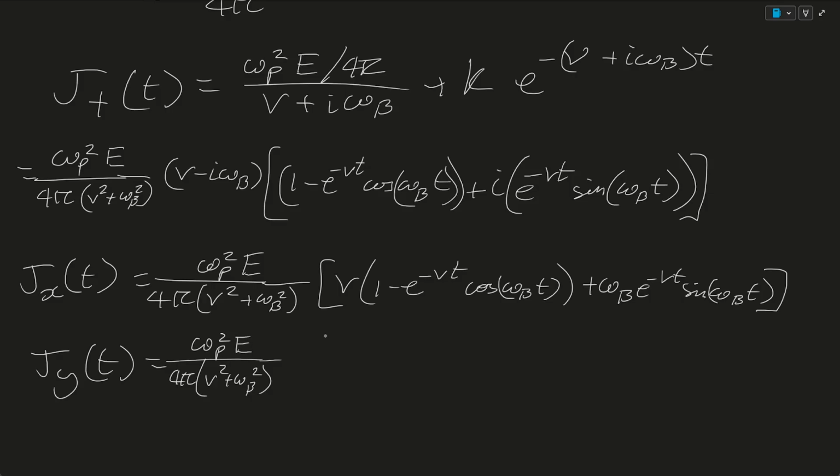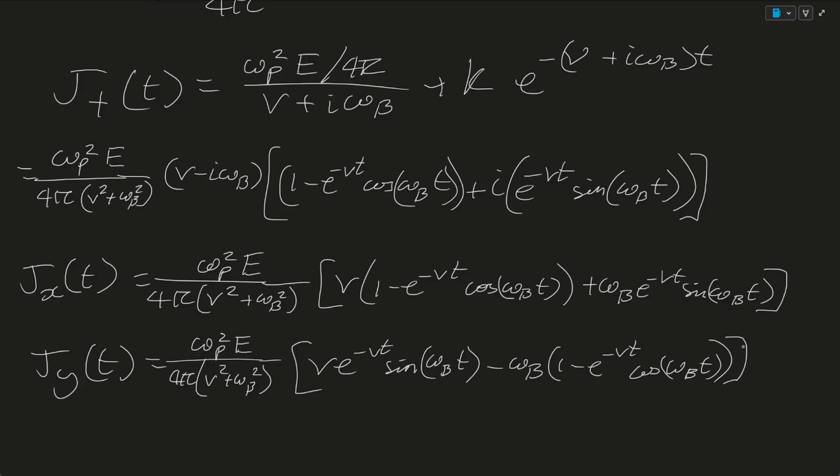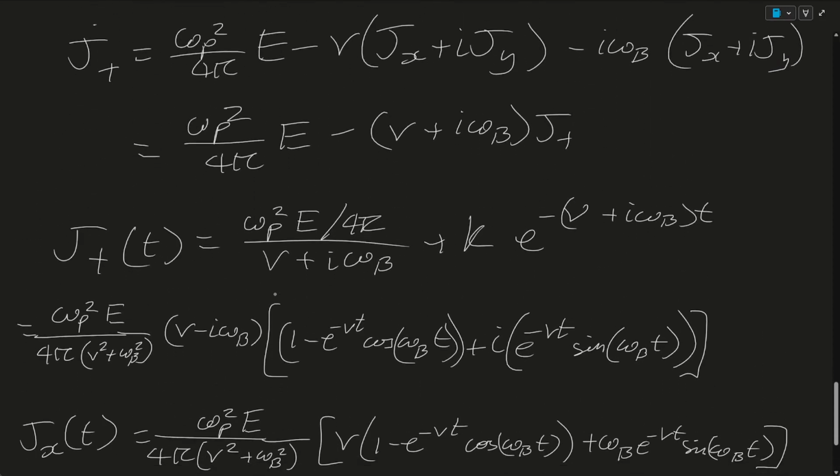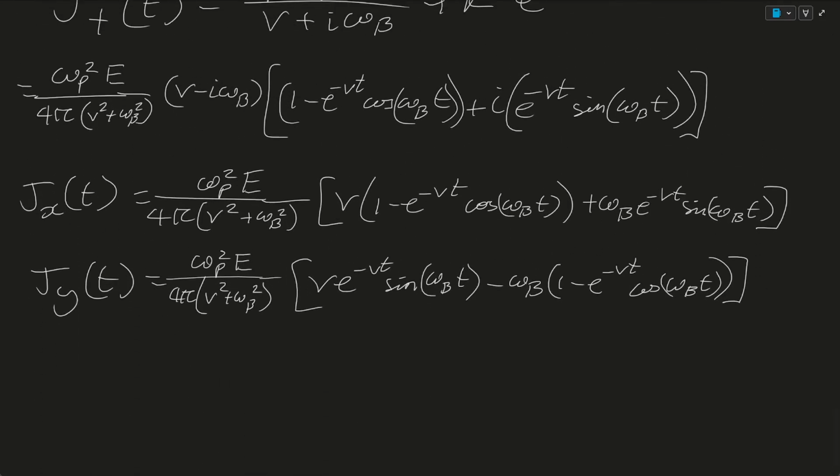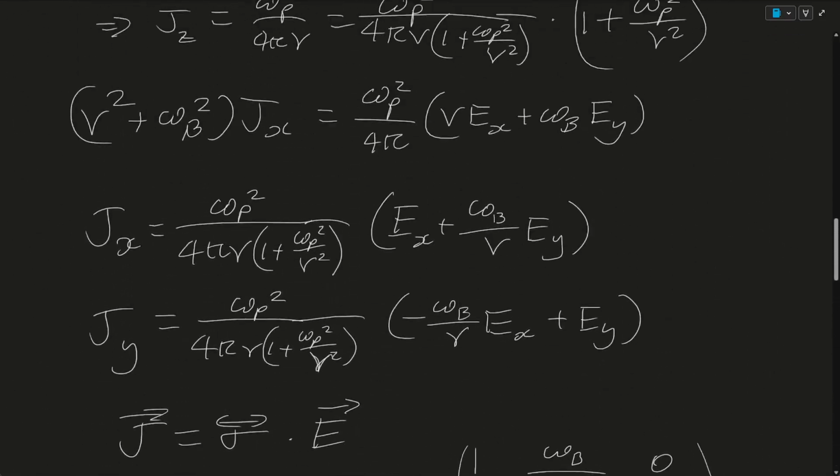Omega p squared e, and this will be nu, this is just going to be swapped over, e to the minus nu t sine omega b t, minus omega b, or minus e to the minus nu t cos omega b t. And that is our complex first order differential equation solved to give us our two functions that express the current density.